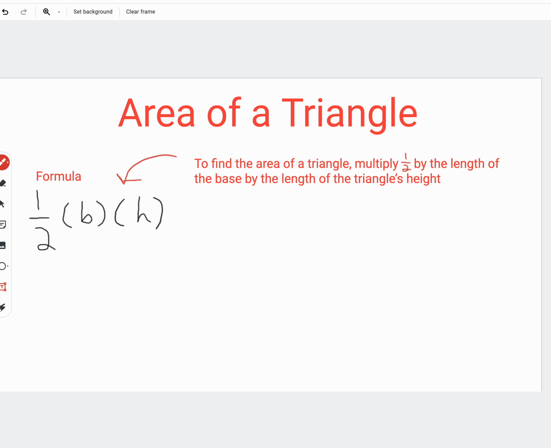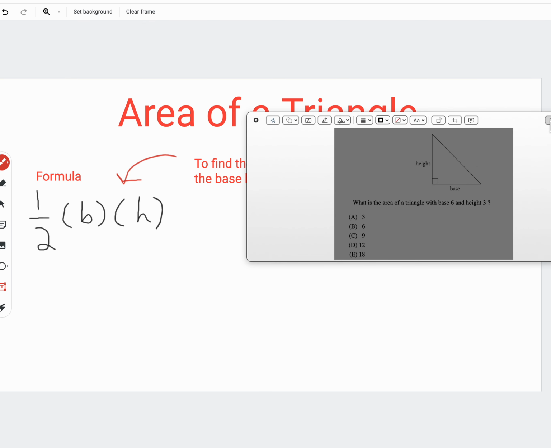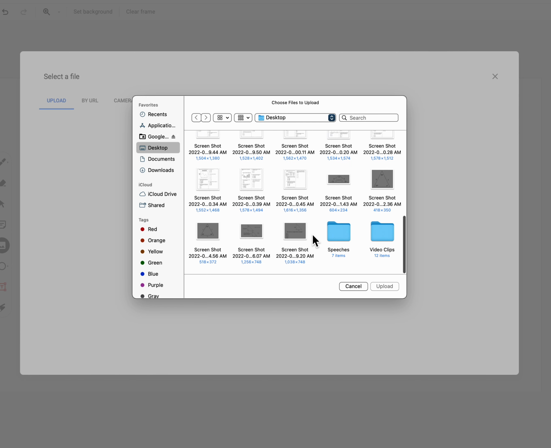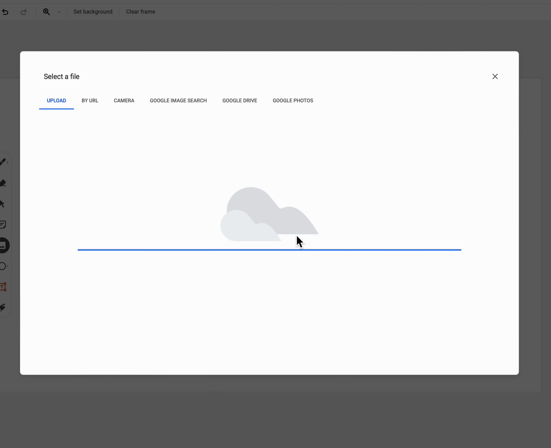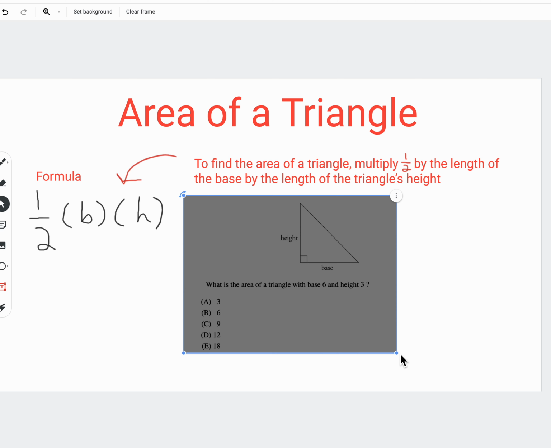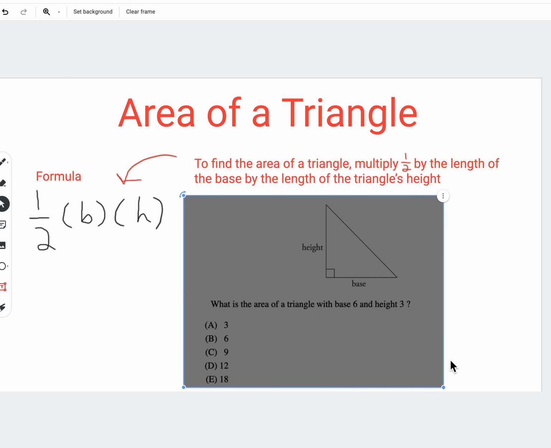Let's take a look at an example problem. What is the area of a triangle with base 6 and height 3? Here we can just put the values into our formula. One half times 6 times 3.